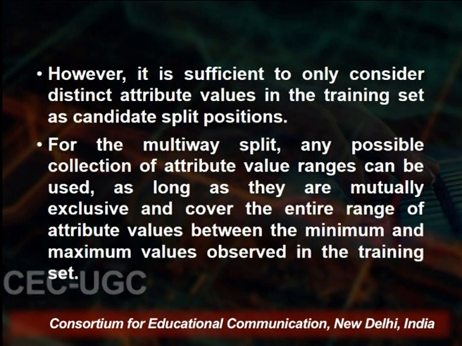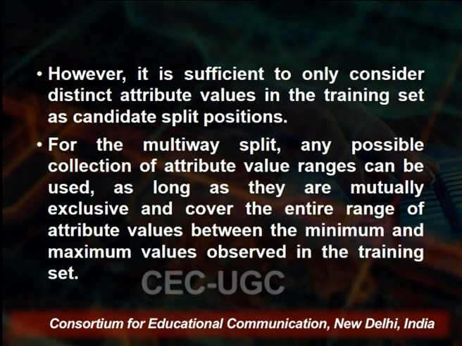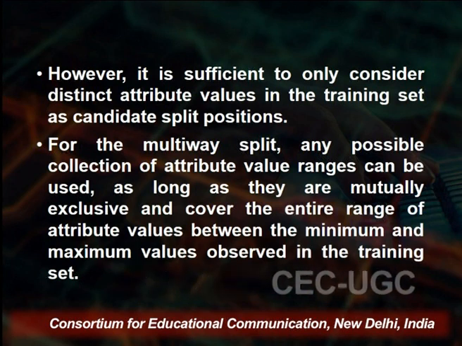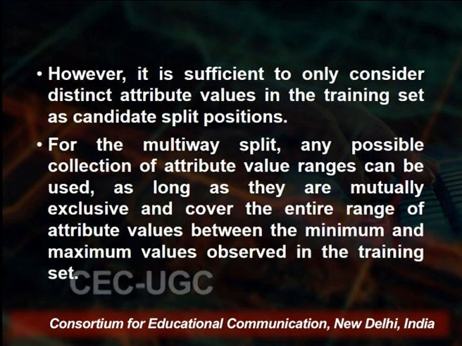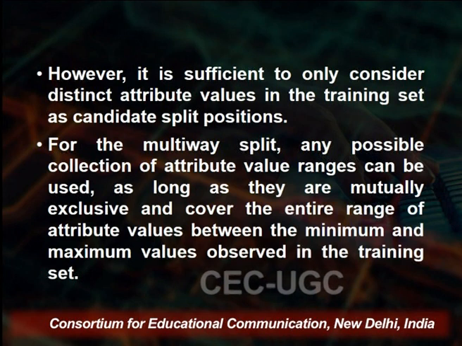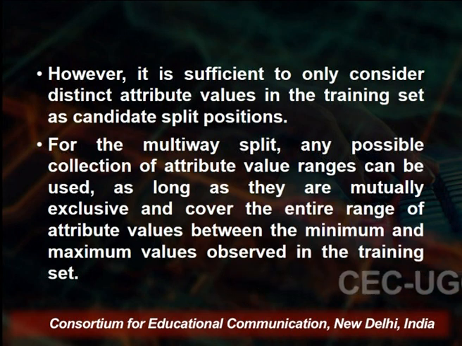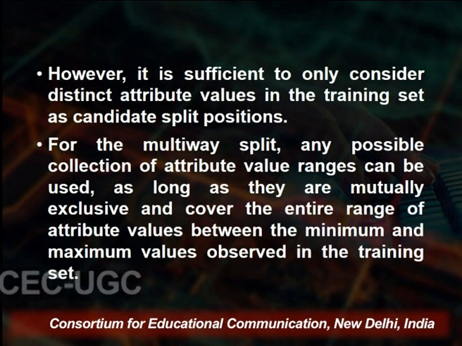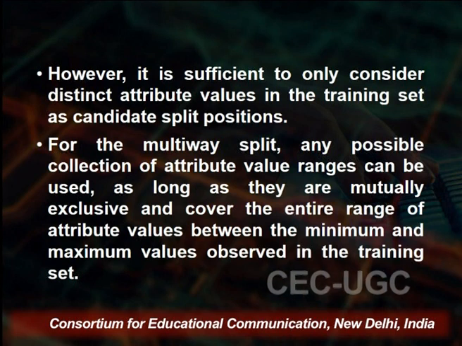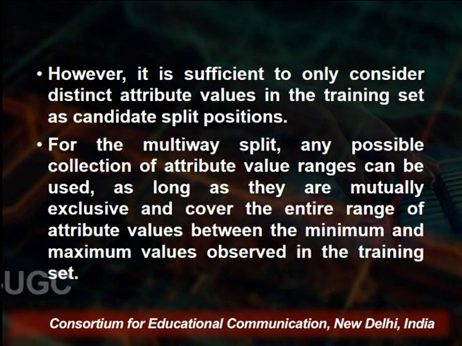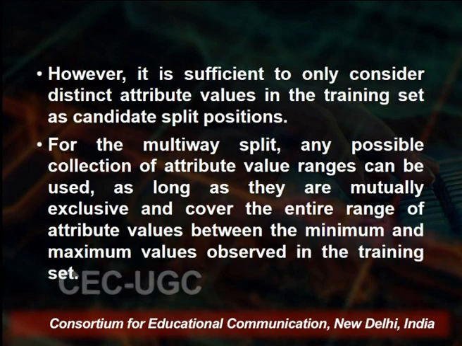However, it is sufficient to only consider distinct attribute values in the training set, okay, because we are looking at split positions. In multi-way split, there can be a possibility where a collection of attribute value ranges we are using, okay. So they will be mutually exclusive and they will cover the entire range of attribute values between the minimum and the maximum observed in the training set, right.